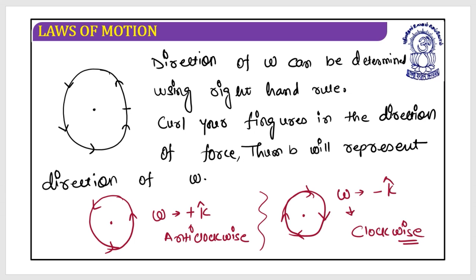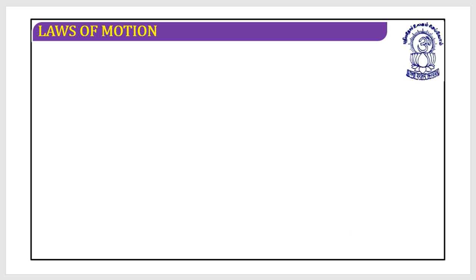If the particle is moving in the xy plane, then omega could be plus k or minus k. Plus k when the particle is moving anti-clockwise, and minus k cap when it is moving clockwise. I hope this is clear. Is it clear? Great.